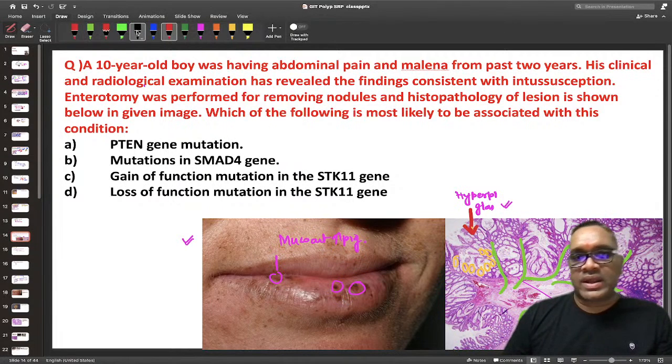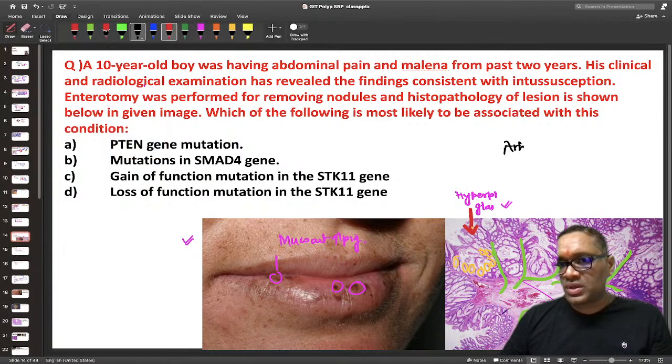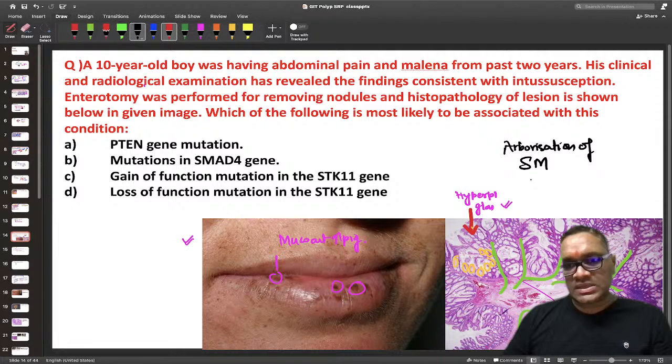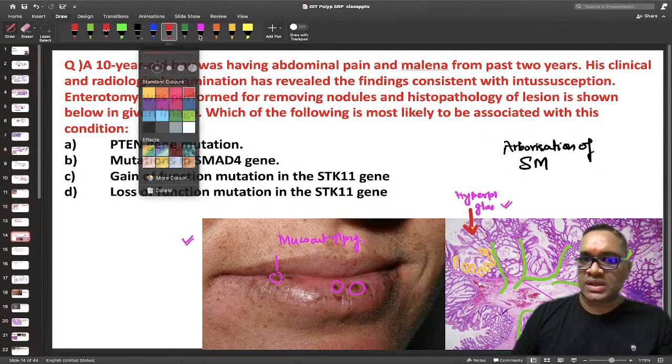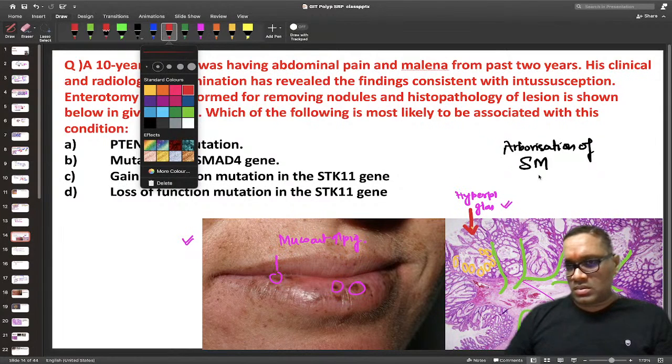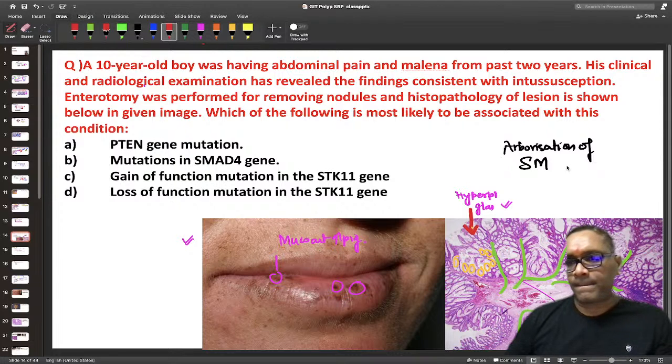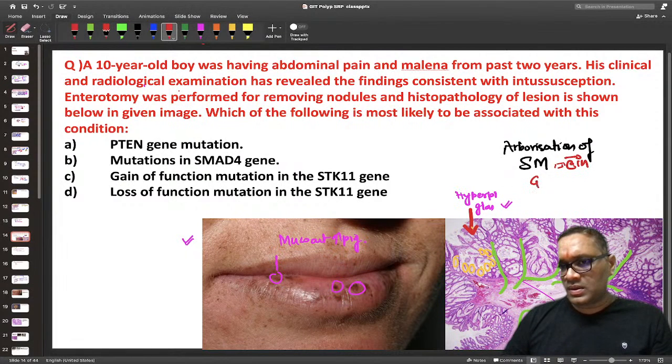So this is also called arborization of the smooth muscle. So arborization of smooth muscle is occurring within the hyperplastic glands, right?